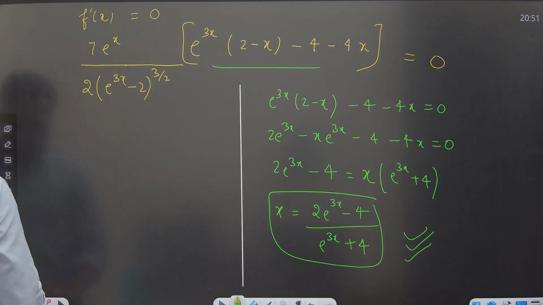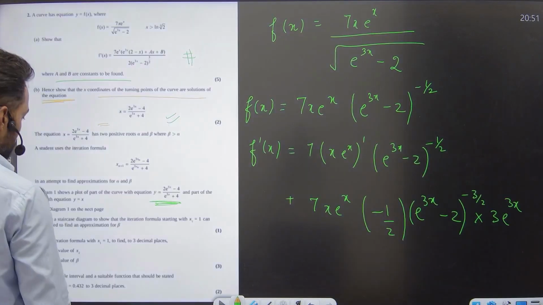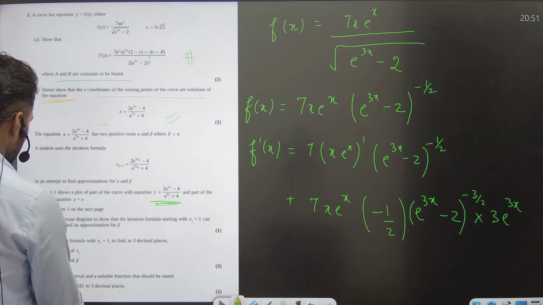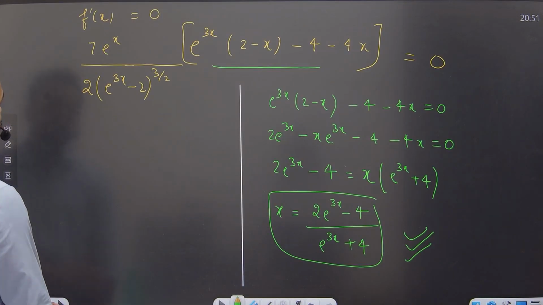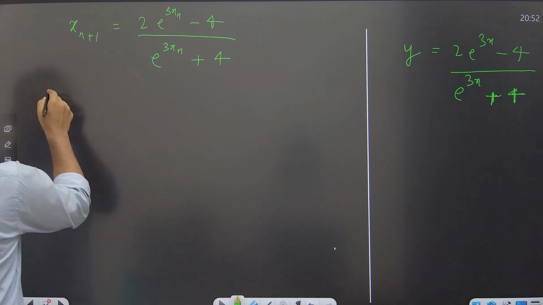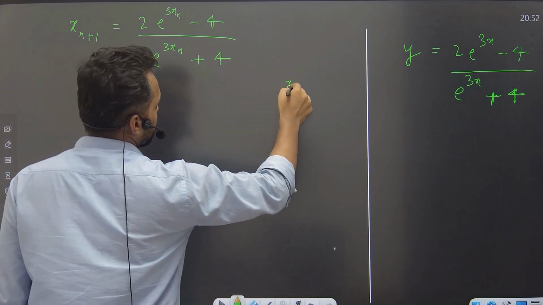If we are okay, x1 equals to 1 can be used to find an approximation for beta. So let's do it. x1 equals to 1, it is given in the question.